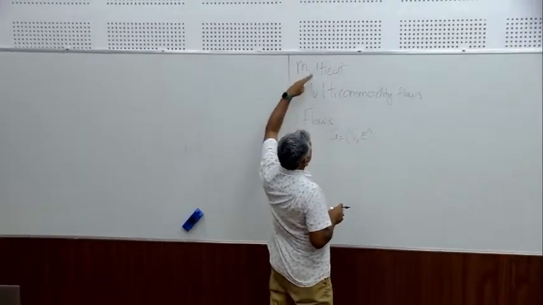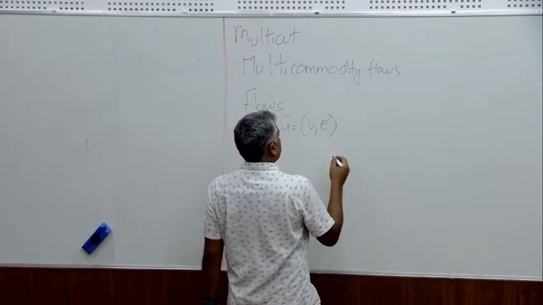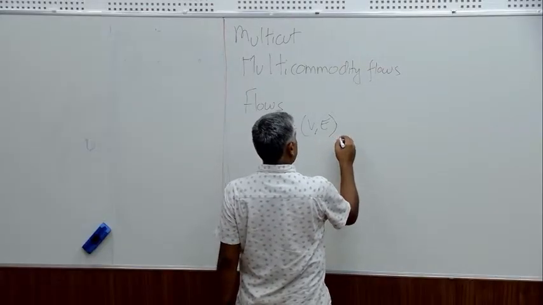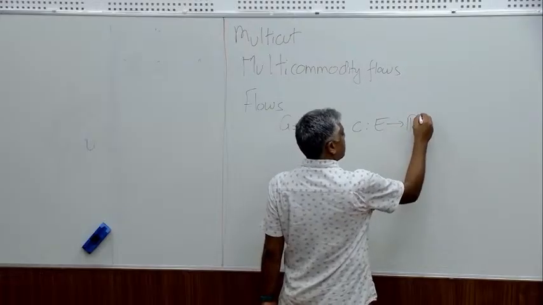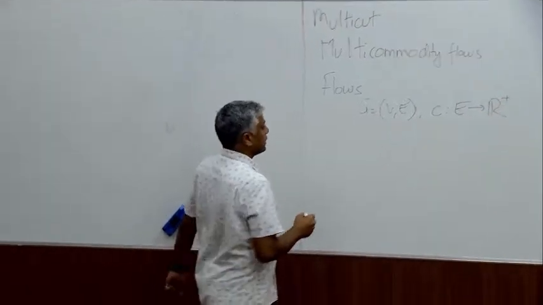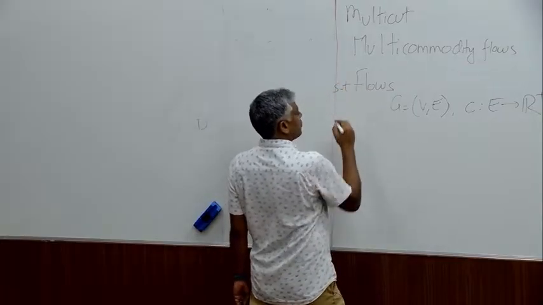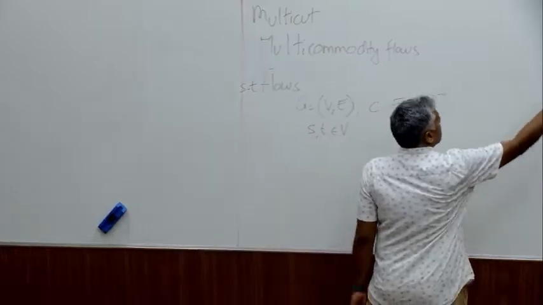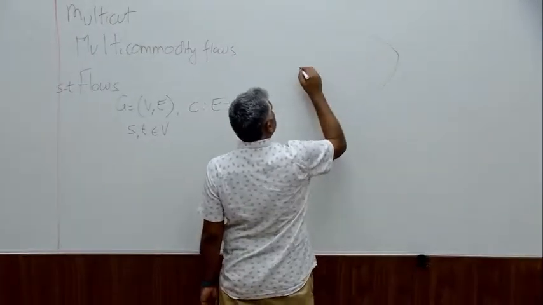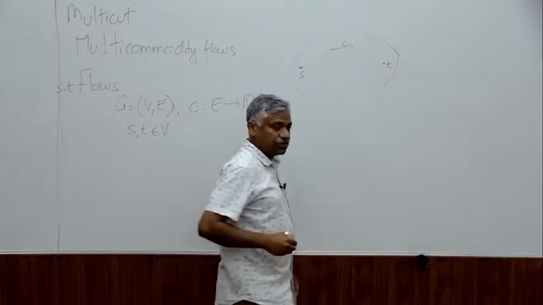But when I'm talking of multi-cut and multi-commodity flows, I'll talk of undirected graphs. It's an easy extension, so don't worry too much about it. Where every edge has a non-negative capacity. And usually we are talking of a source and a sink, so S and T. So S and T are two given vertices. So this is my graph, this is the source, this is the sink. Every edge has a capacity associated with it.